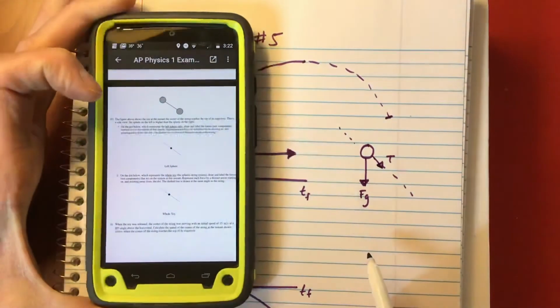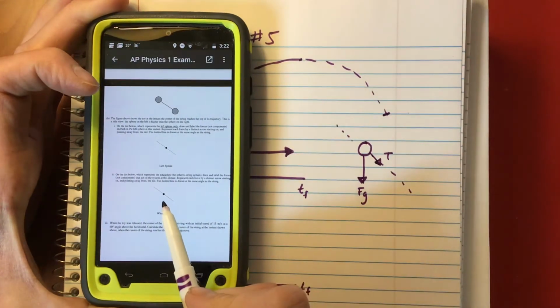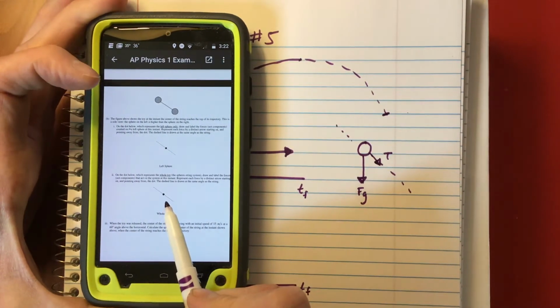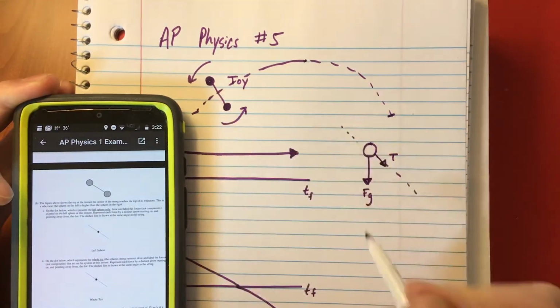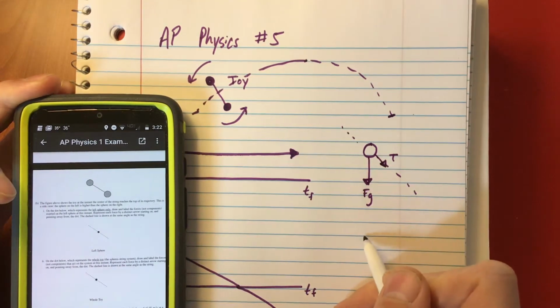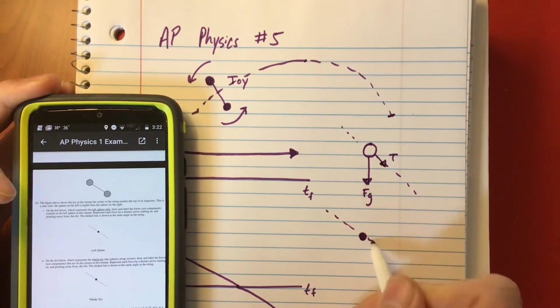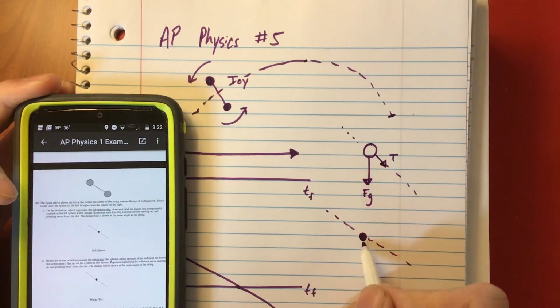And then the other part of this question wants what would be the forces acting on the center of the string. So now we're looking at the center of mass. So if my dot were the center of mass of my string, I would expect just the force due to gravity.